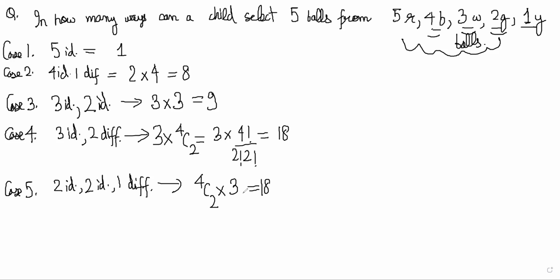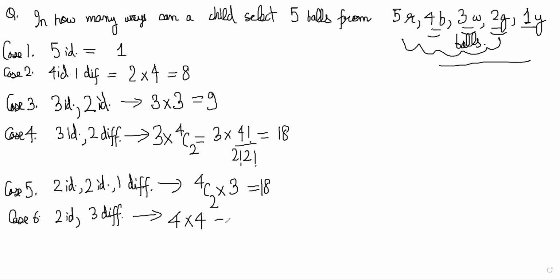Then case 6 is two identical and three different. Two identical you can choose in four ways, right? And three different we can choose in four ways again, because once you choose one, after that you have four things left.